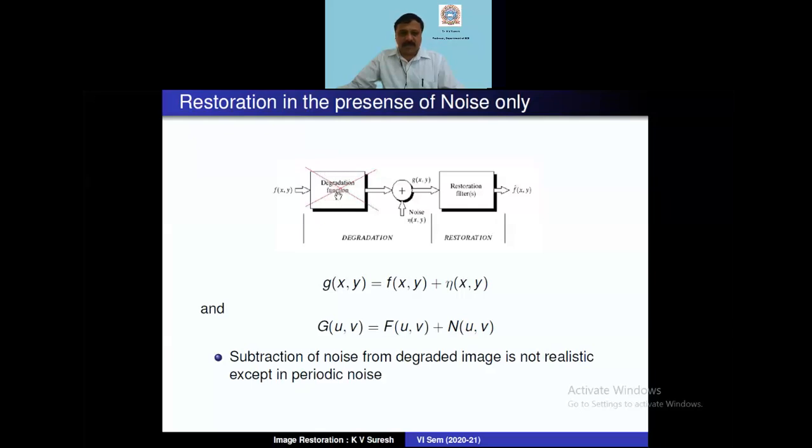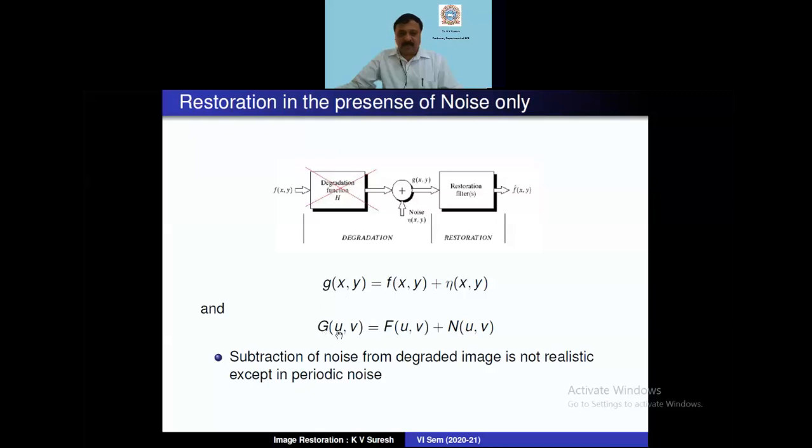So with that assumption, since it is convolution of an image with an impulse, I'll have f of x comma y here, and noise is getting added. So this is just a model where the restoration filter will now work on this type of degraded image. That means the image is degraded only with the noise. There is no blur. Okay, that is the assumption we are starting with.